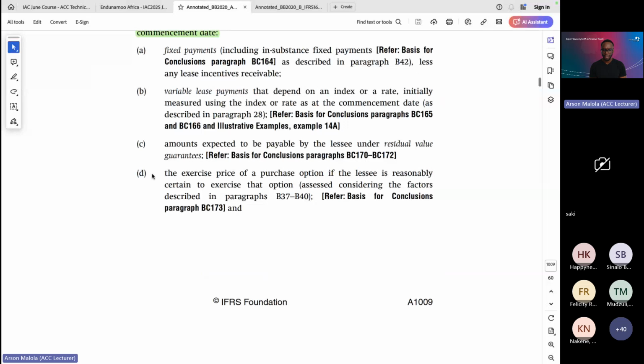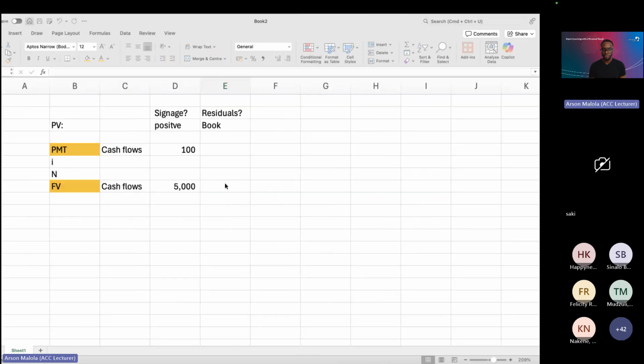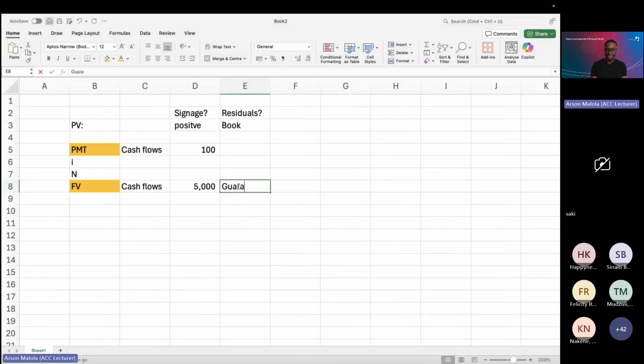And then on paragraph C, amounts expected to be payable by the lessee under a residual value guarantee. It tells you just the guaranteed residual. You're not going to see unguaranteed residual anywhere in this list. Therefore, when you're calculating your PV, only the guaranteed residual needs to come in. You ignore the unguaranteed.